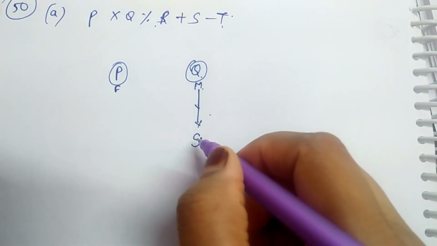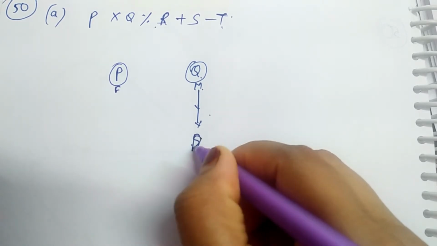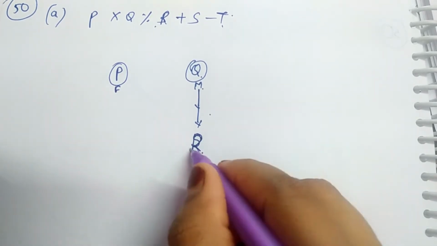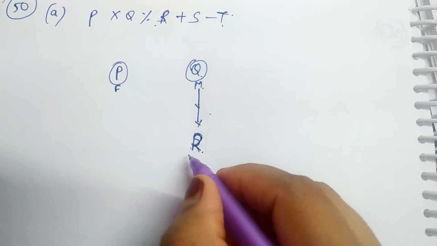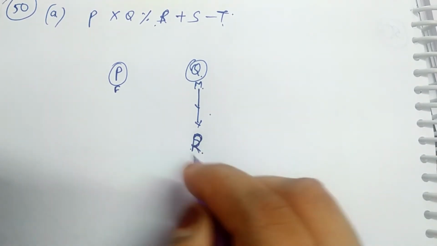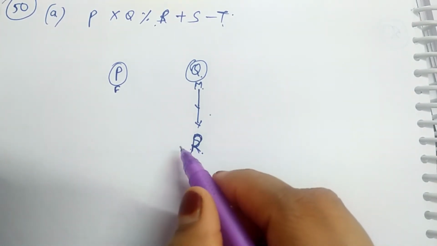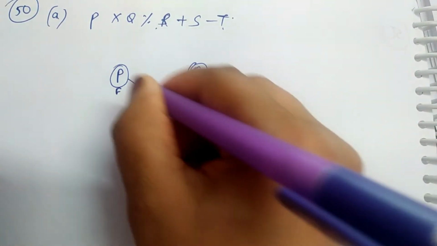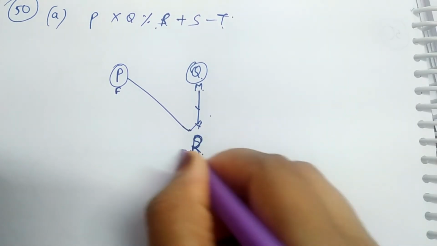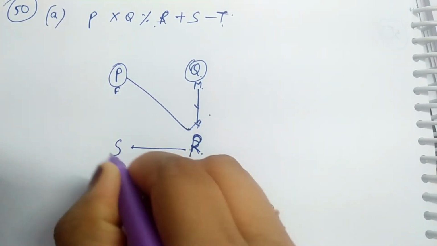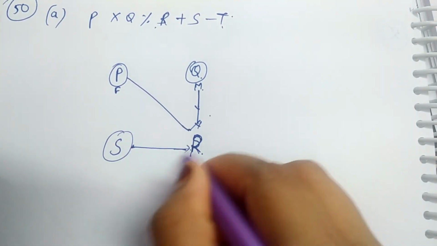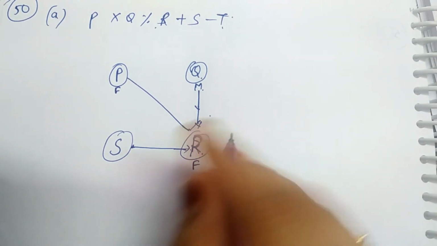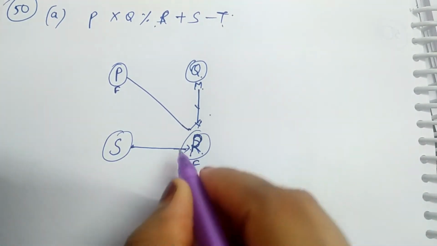We still don't know the gender of R. Now let's see R plus S. R is a sister of S. So we have a relation like this. R is a sister of S, so R is a female.